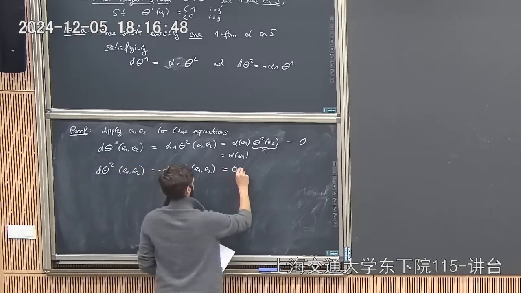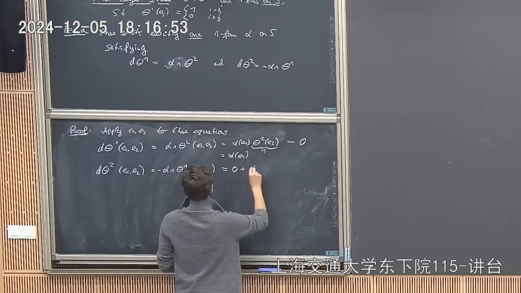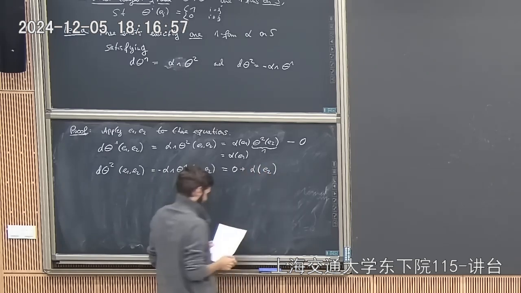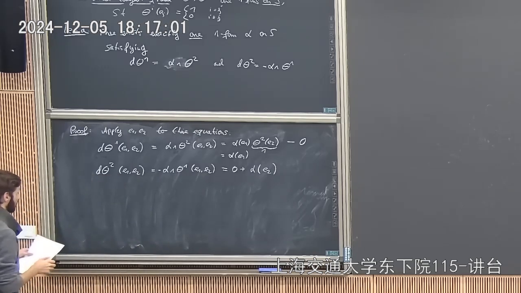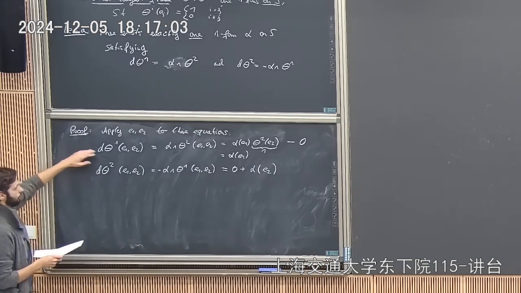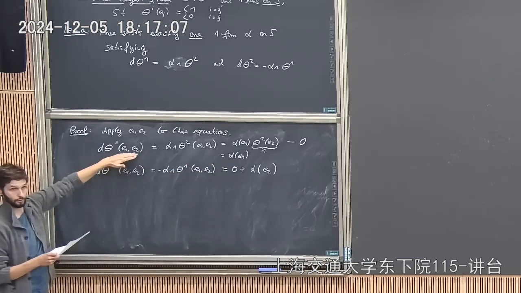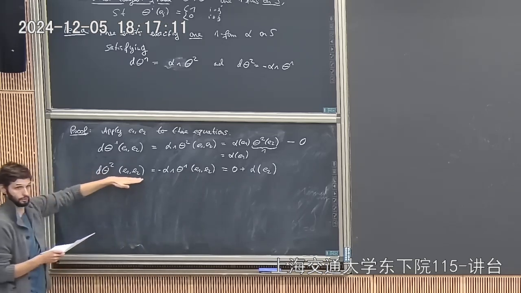So we get 0 minus, which turns to plus, so it's alpha in E2. So what we see now is that alpha of E1 is given by dθ1 of E1, E2, and alpha of E2 is given by dθ2 of E1, E2.